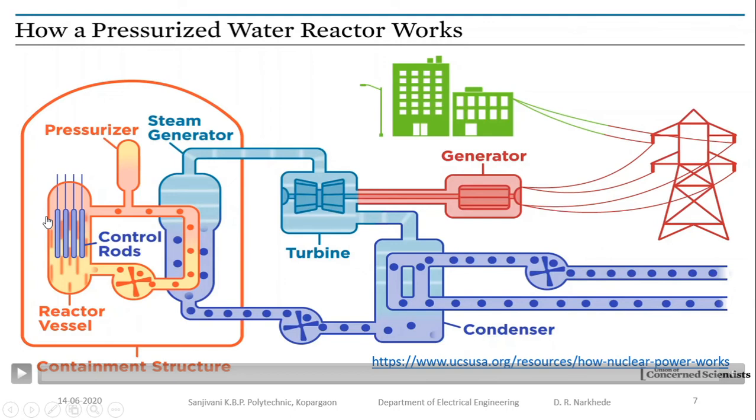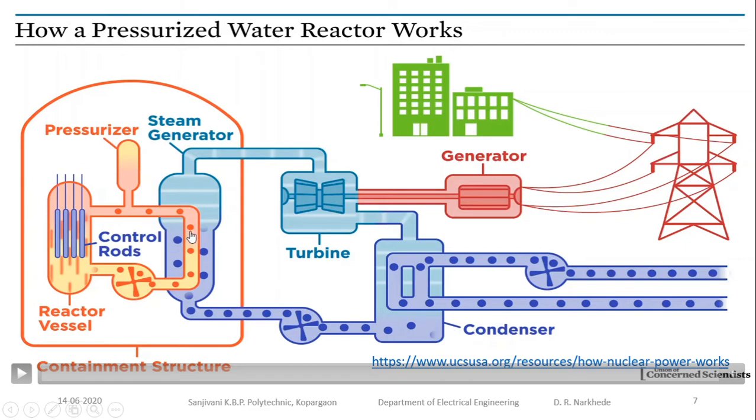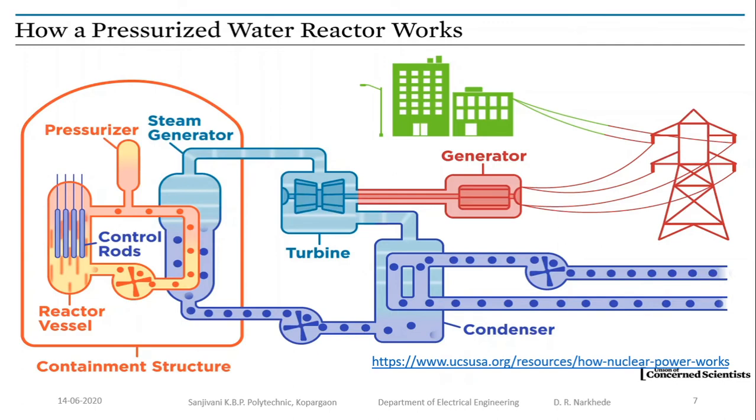The pressure vessel and heat exchanger are surrounded by the concrete shield. This one is your heat exchanger and this is the reactor core, the pressure vessel. Both are placed inside the concrete shield.